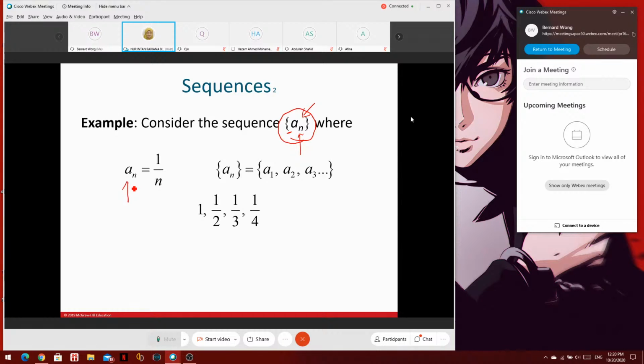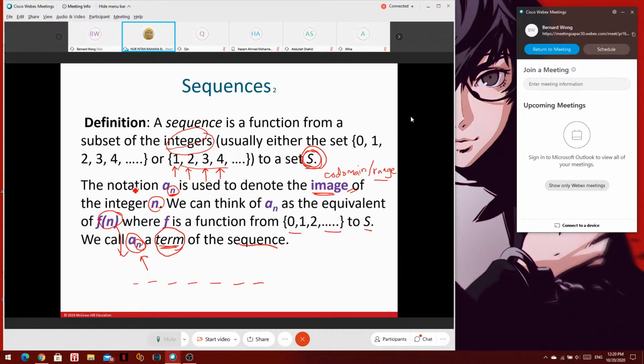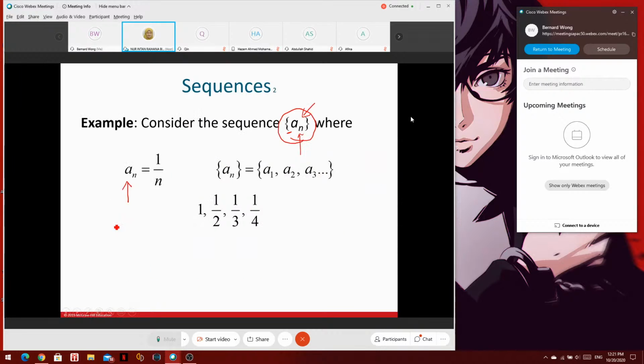Remember that before this, you can also think of a_n as f(n), which is the range of the function. But this is the list of the range.